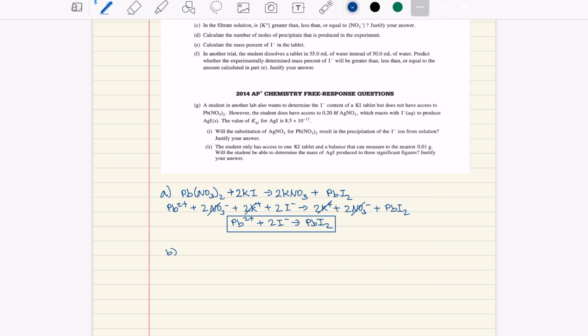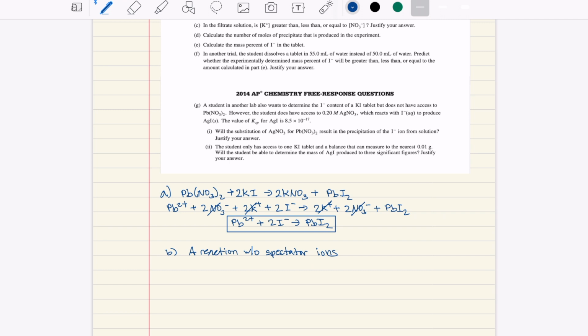So for part B, to get complete points, you'll have to explain what a net ionic equation is, which is basically a reaction without spectator ions, right? So all the spectator ions are removed.